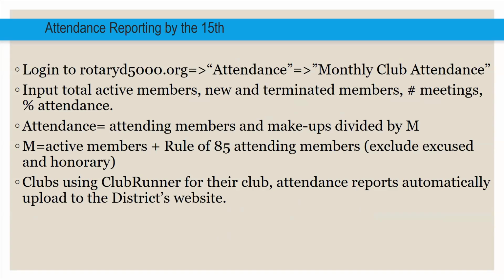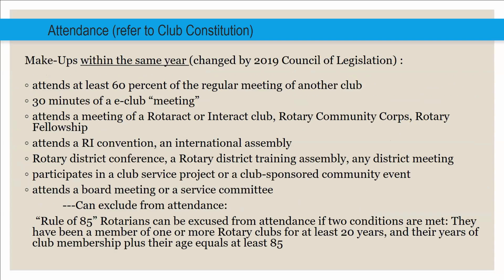Well, Rotary says as long as you do it in the same year, it can count. What counts for a makeup would be attending a service project, a Rotaract or Interact meeting, convention, assembly. Those all count as a makeup. Okay. So big change. It has to be within the same year for makeups.